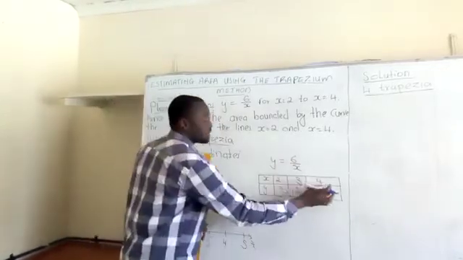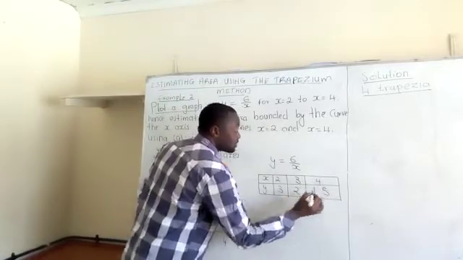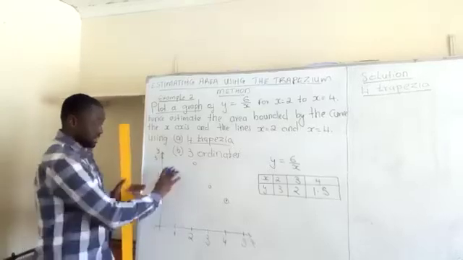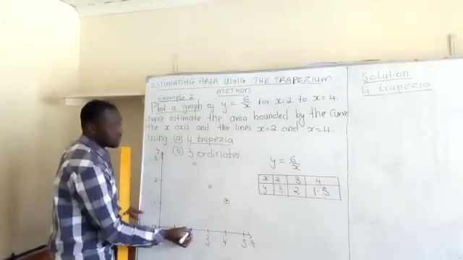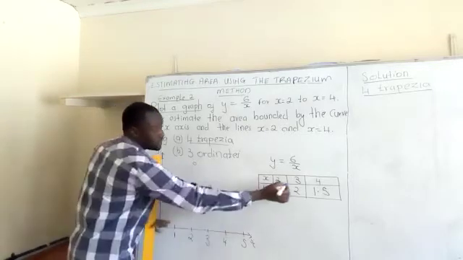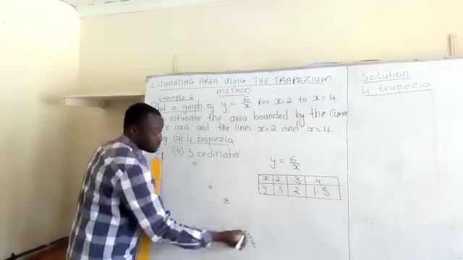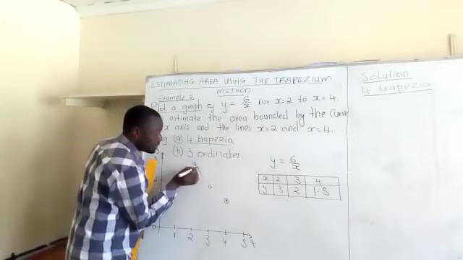And 6 divided by 4 will give us 1.5. If I do a sketch here, we have the point (2, 3), the point (3, 2), and the point (4, 1.5).